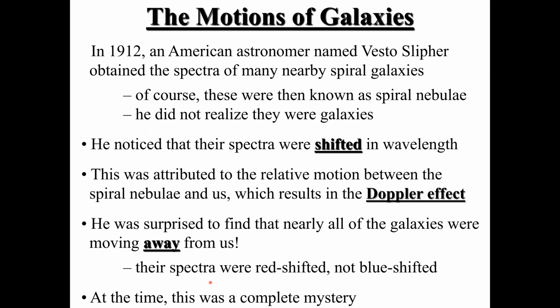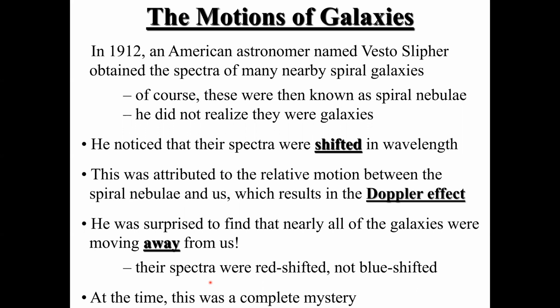As you know from the Doppler effect, if something is moving away from us, the wavelength moves to longer wavelengths, which we call redshift. If something is moving towards us, the wavelength moves towards shorter wavelengths, which we call blueshift.